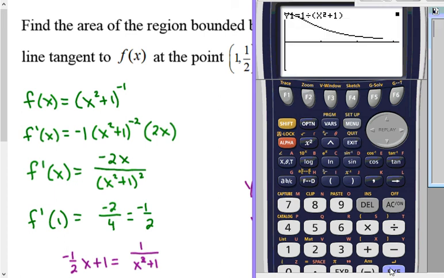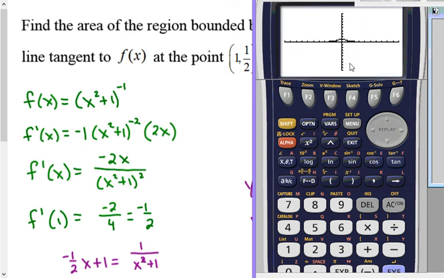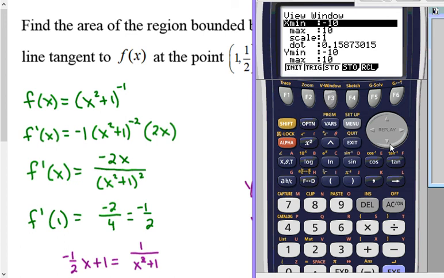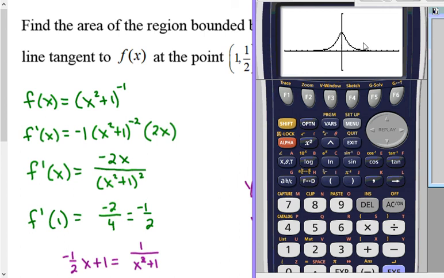I'm going to go back to a standard window, and I'll graph it. Okay, we're not seeing much. We don't need to go way up, so maybe I'll change the window. Only let y go up to 2, and maybe only go down to -1. Okay, so there I see it nicely.